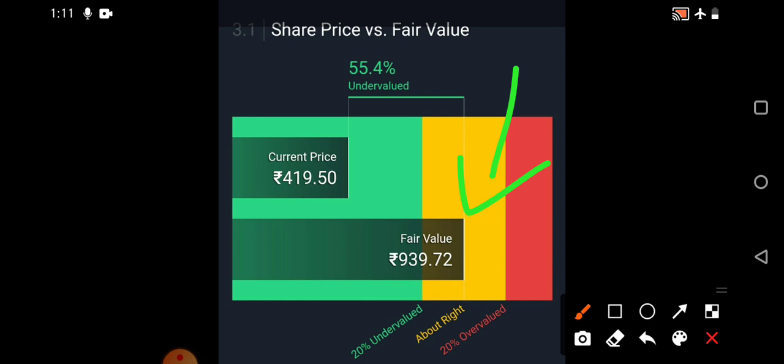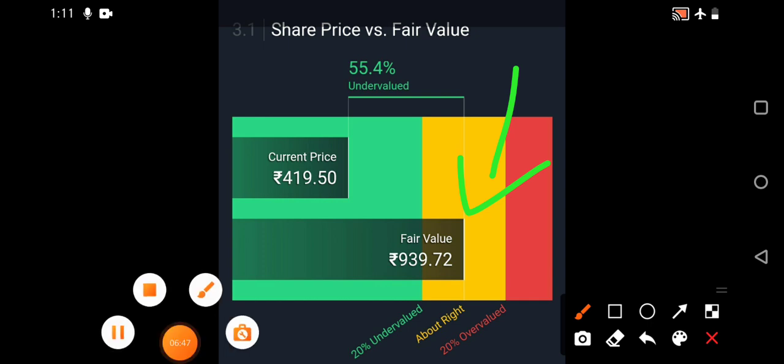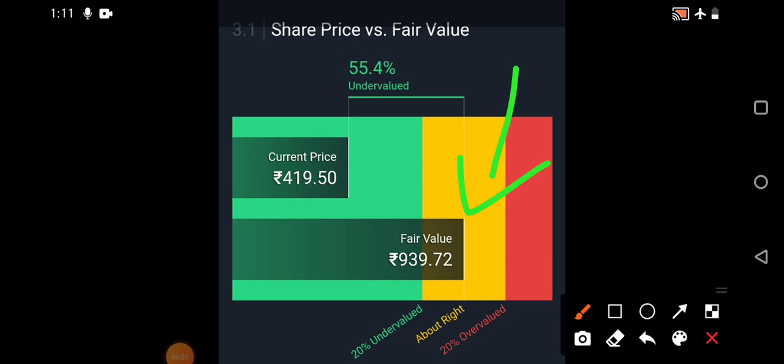So the stock is currently in the undervalued region, so value investing is completed. Max chances are there that the stock may go to that particular level. Earlier, when we discussed Marksans Pharma and Hinduja Global, I discussed this share price versus fair value. At that time Marksans was around 30 rupees and its fair value was more than 100 rupees. Clearly, we discussed how to find such stocks which may give very good returns.